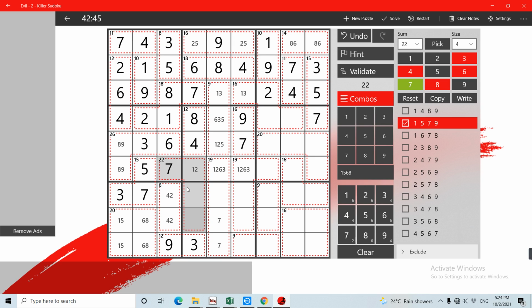This means this will be notes 1, 5, 9, and of this I cannot have 5 and 9, so this will become 1.